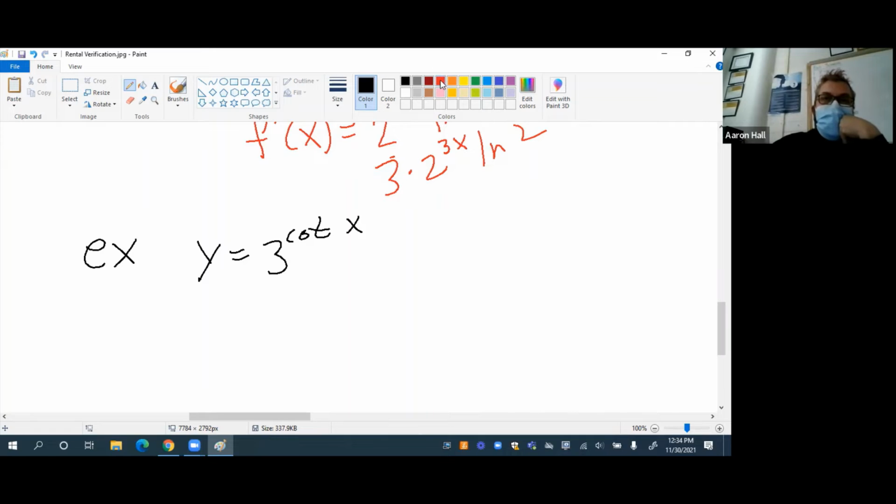I want to find the derivative. Do you see the chain rule?